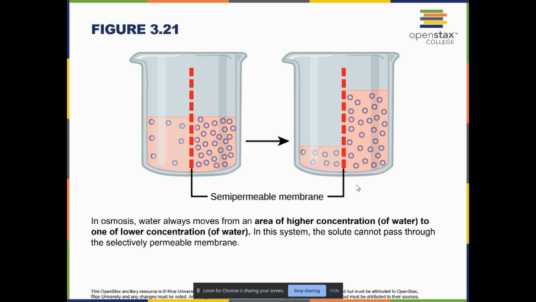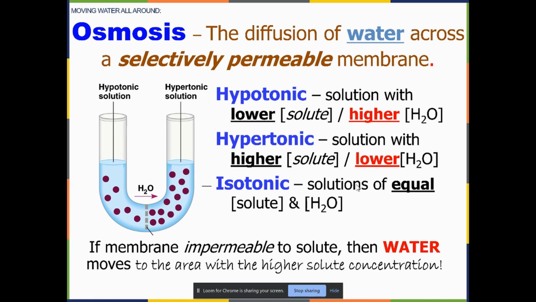And if there's more solute on the right side, that means there must be less water. So to reach equilibrium, or to have two solutions that, even though we have less of one and more of the other, that they both have the same concentration, the water is moving from high to low concentration. Or an easier way to look at it here, it's moving towards the area with more solute or more dots.